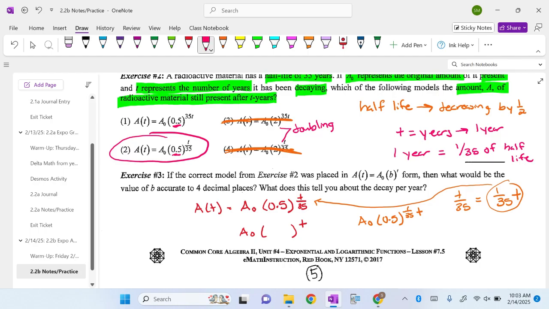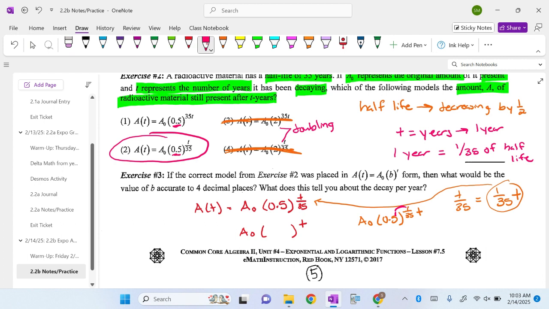Does anyone remember what the power rule means? Landon. So it's one of the exponent rules. Just to remind you, the power rule is that you multiply the exponents.